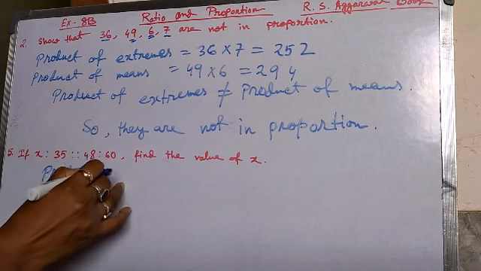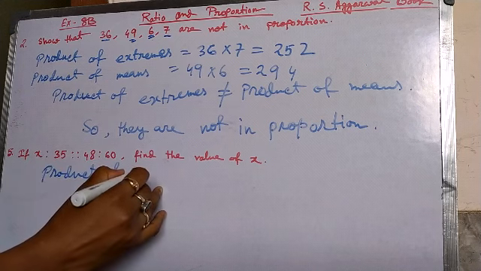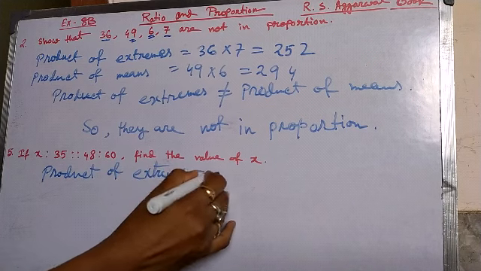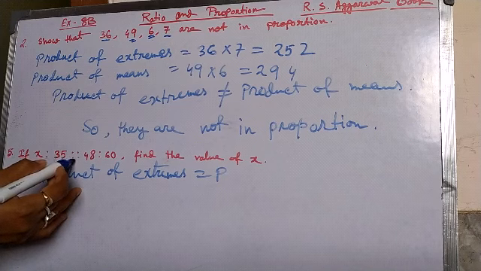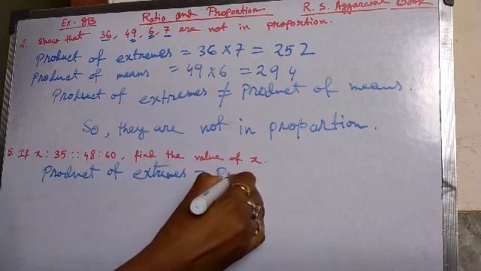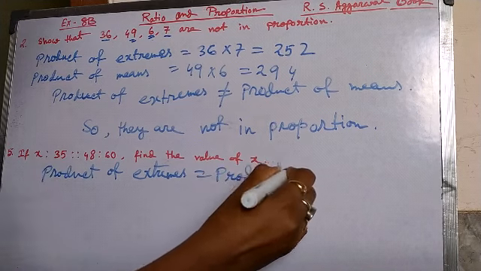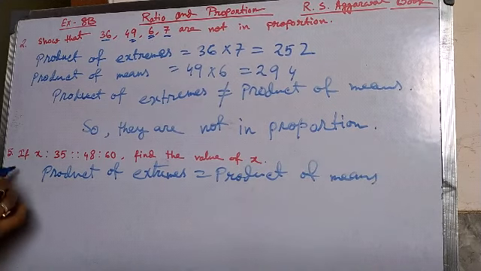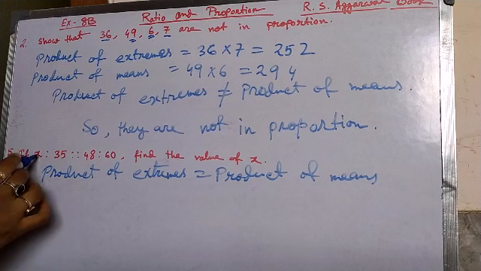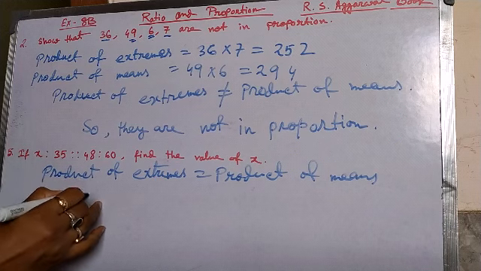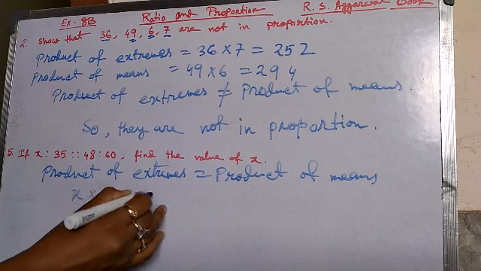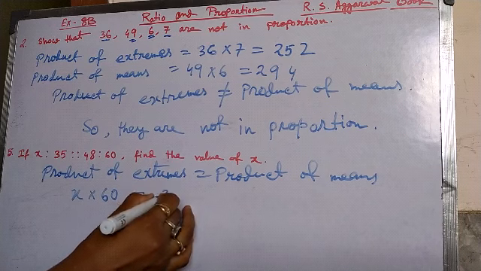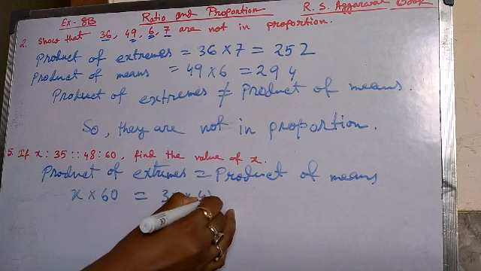Product of extremes equal to product of means, since proportion is given. Product of extremes means x and 60, so x into 60 equal to product of means, 35 into 48.